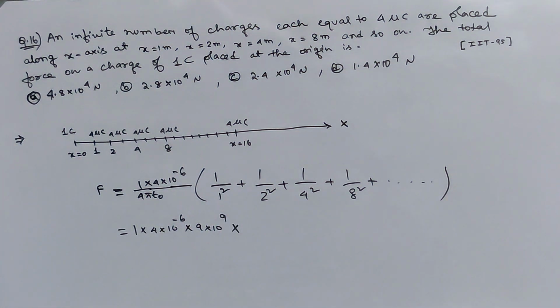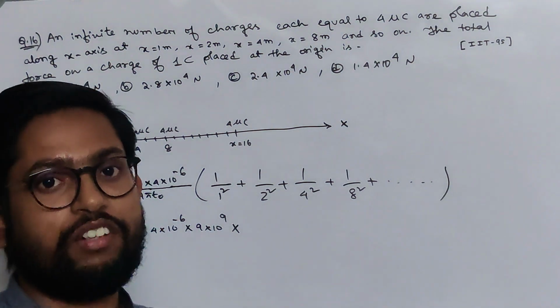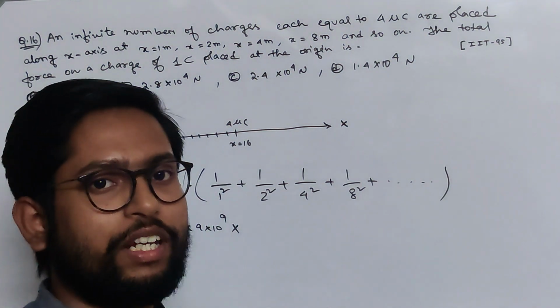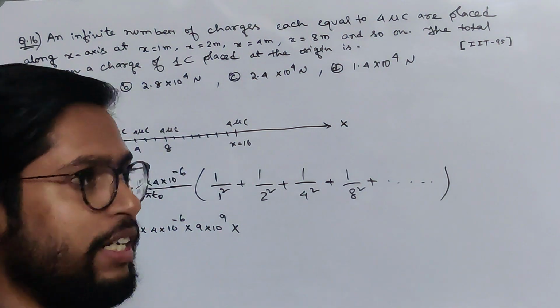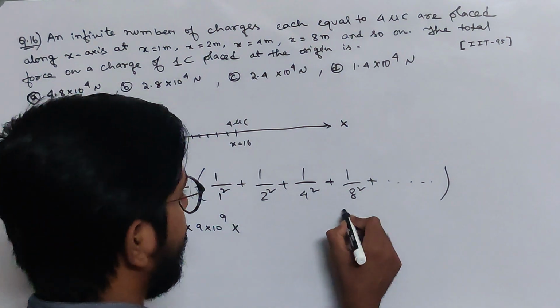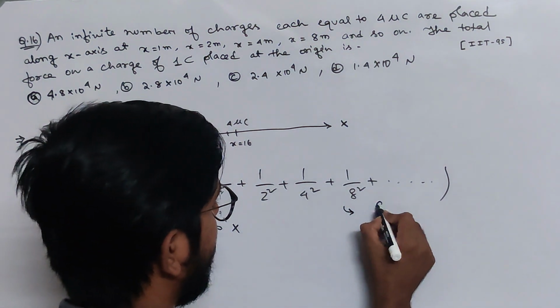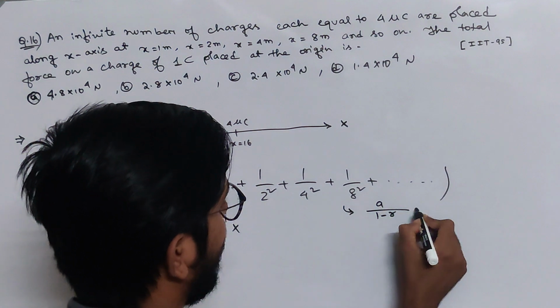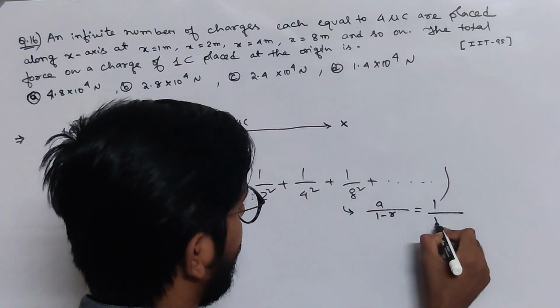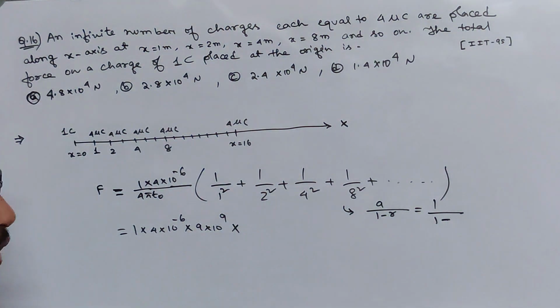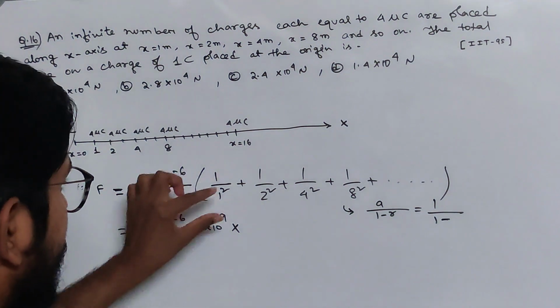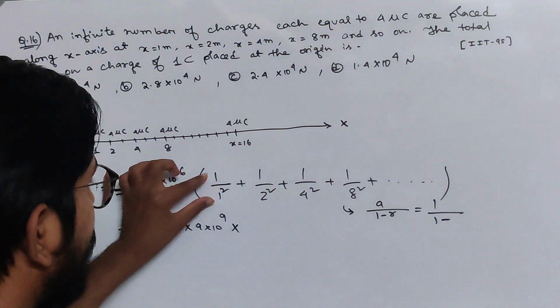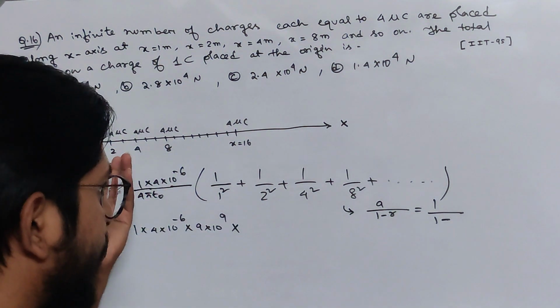You see, this expression is nothing but an infinite GP. You know the formula for the sum of an infinite GP: A by 1 minus R, where A is the first term and R is the common ratio. Here the common ratio is 1 by 2 square divided by 1 by 1 square, that is 1 by 4.